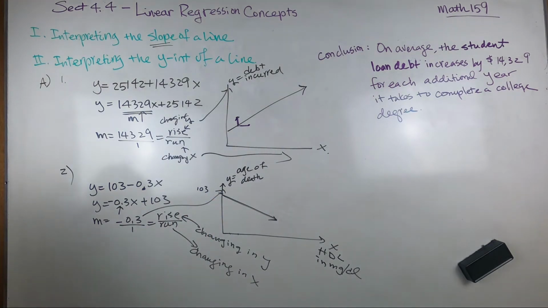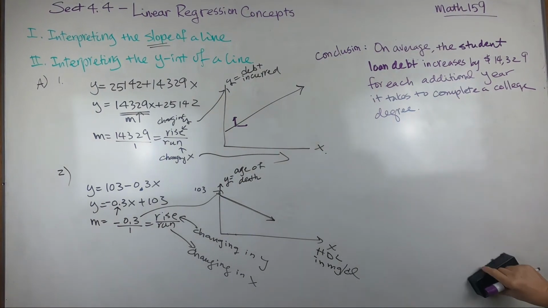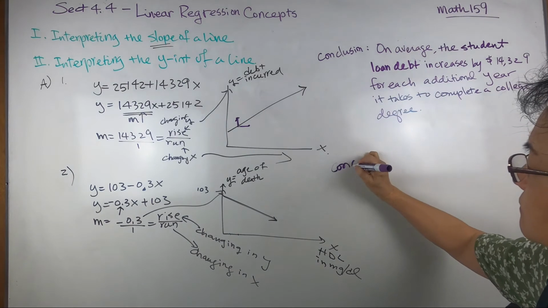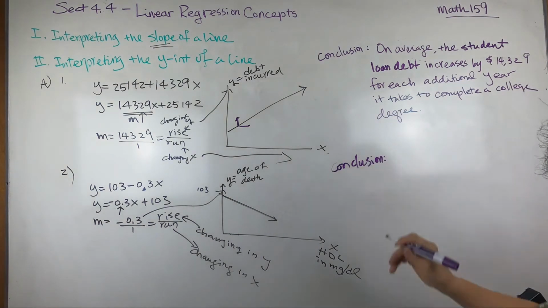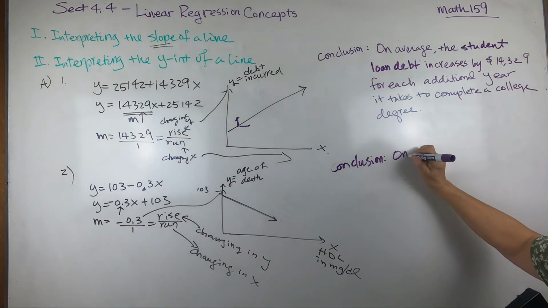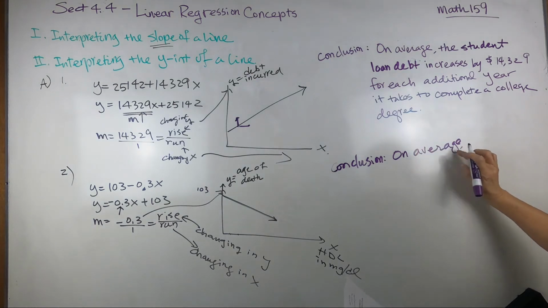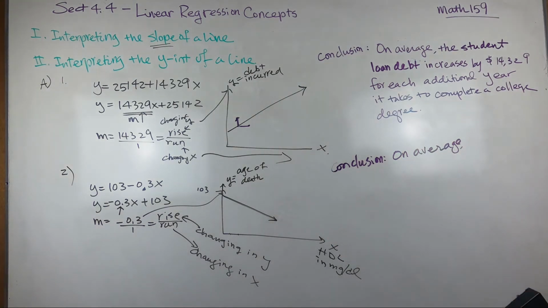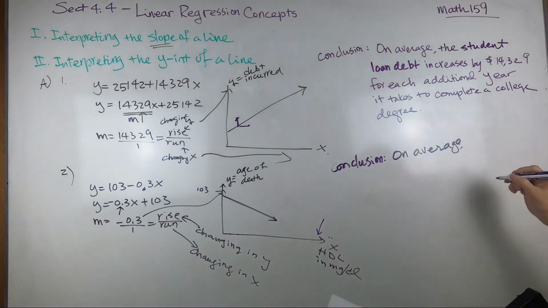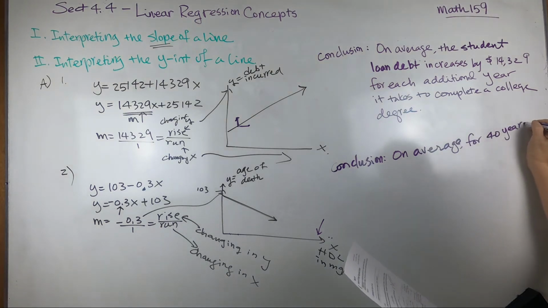So how are we going to interpret this result of the slope? Let's write out your conclusion. We are talking about the average, always. On average, what kind of things are we talking about? For X, what is X? It's for those 40-year-old women.